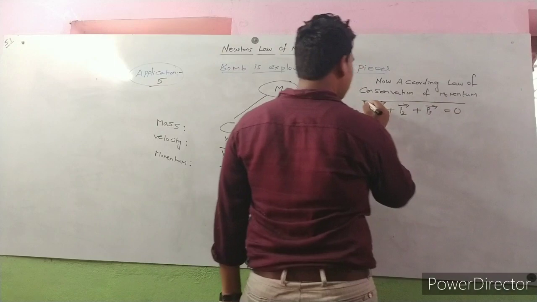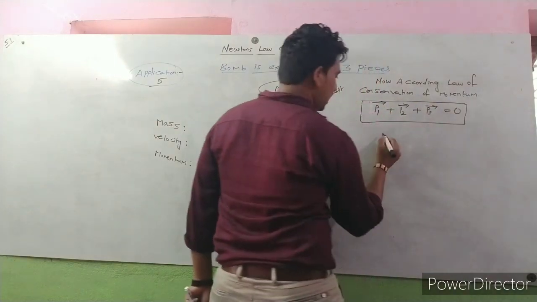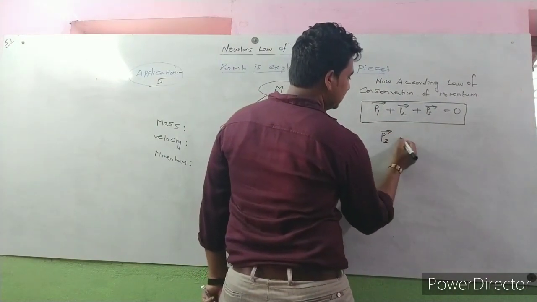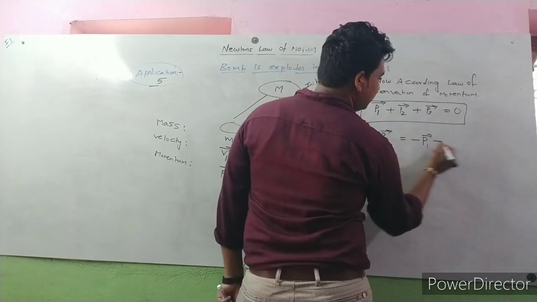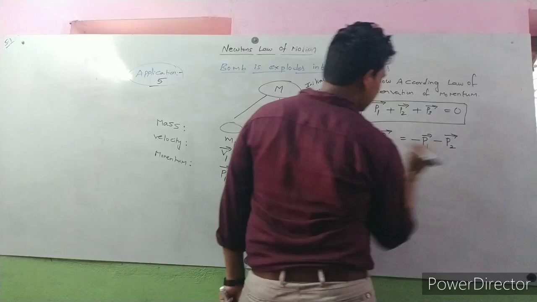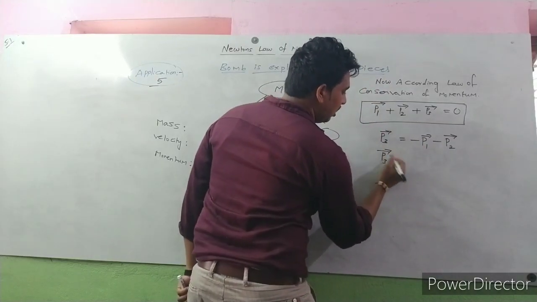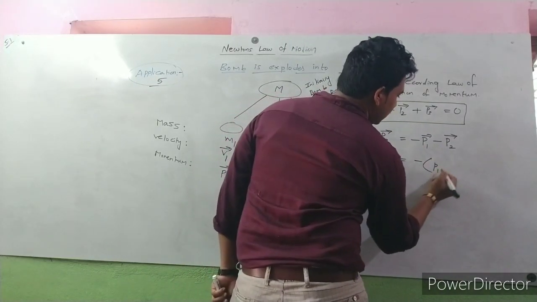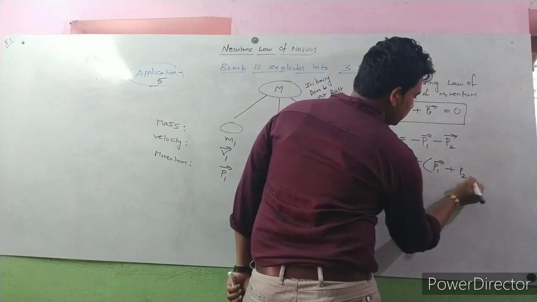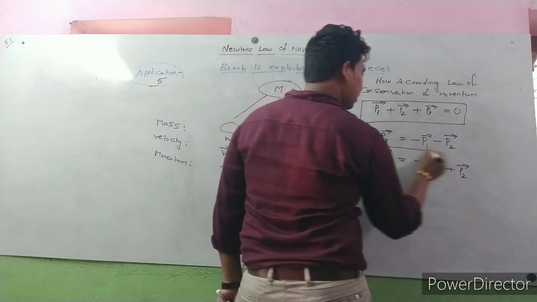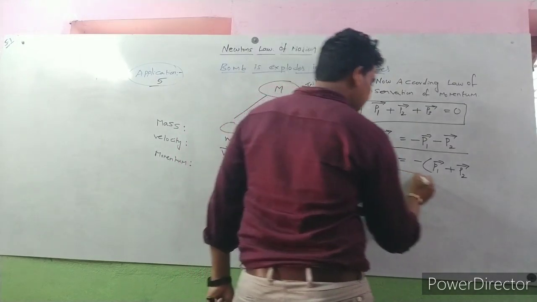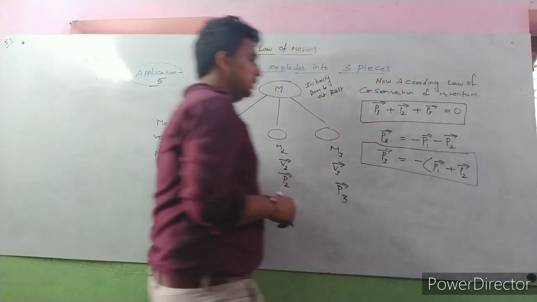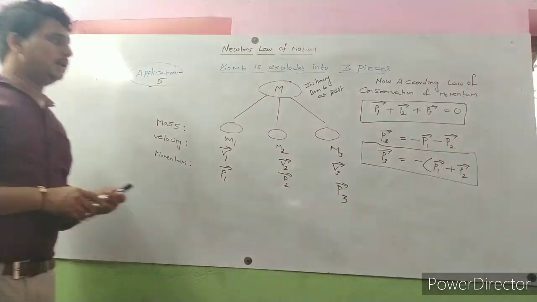From this, P3 bar is equal to minus P1 bar minus P2 bar. So P3 bar is equal to minus of P1 bar plus P2 bar. This is very important.